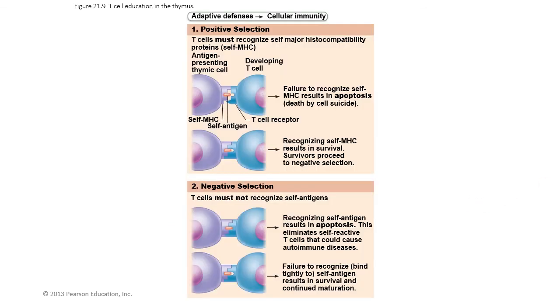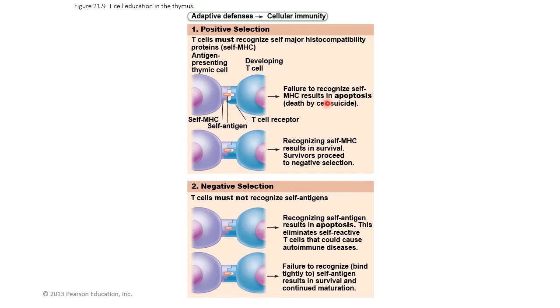So in picture form, here's what's going on. Positive selection. T cells must recognize self-major histocompatibility proteins. So there is your self, there's your cell, your body cell. There's your T cell receptor. And if it doesn't recognize, you can see there really isn't any recognition here. It doesn't fit.